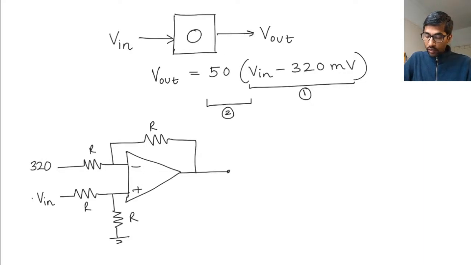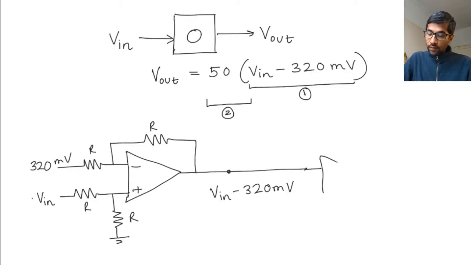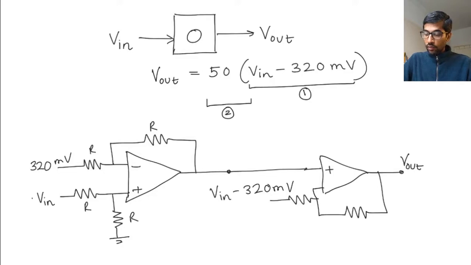So the output that I get here is going to be V in minus 320 millivolts. And then I basically make an inverting amplifier. There you go. So that's the output that we wanted, and this would be connected to ground. A fairly straightforward way of doing circuit design.